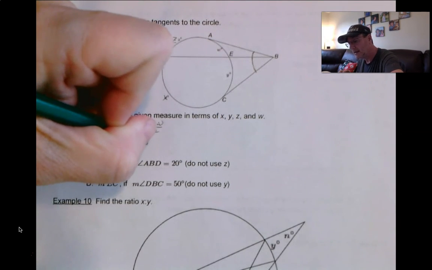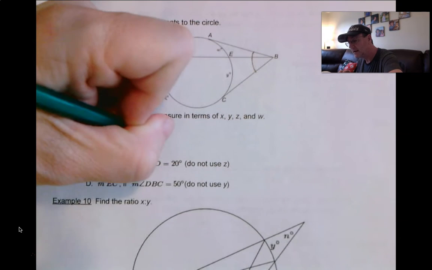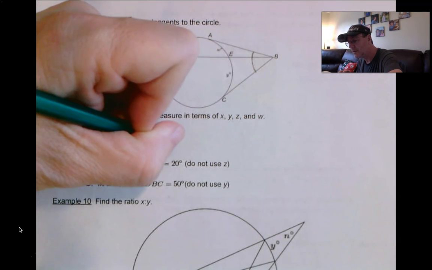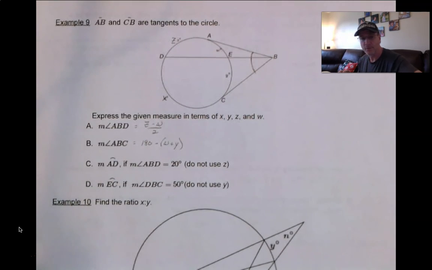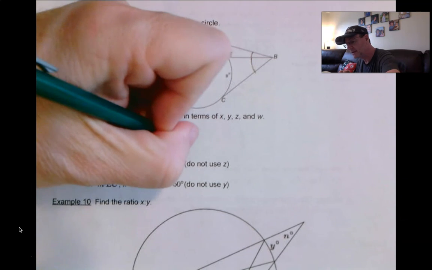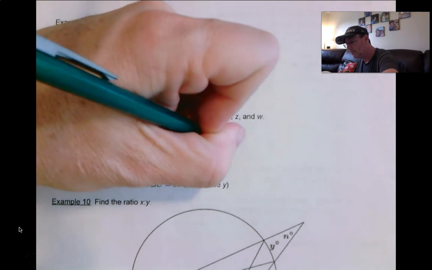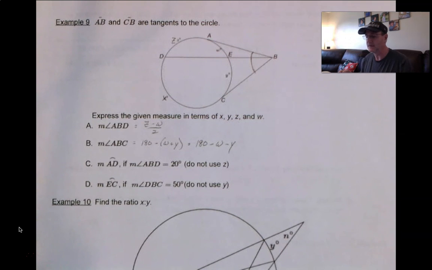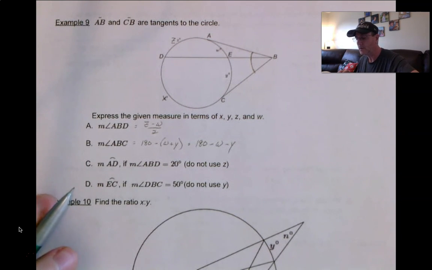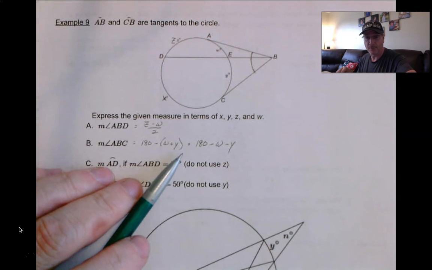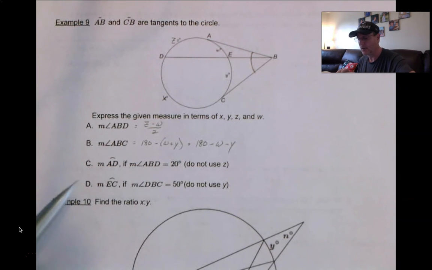So 180 minus (W plus Y). I put those in parentheses on purpose because in the end when I distribute it's 180 minus W minus Y, the answer to part B. Without that theorem that we have in our book, that's a much harder problem.